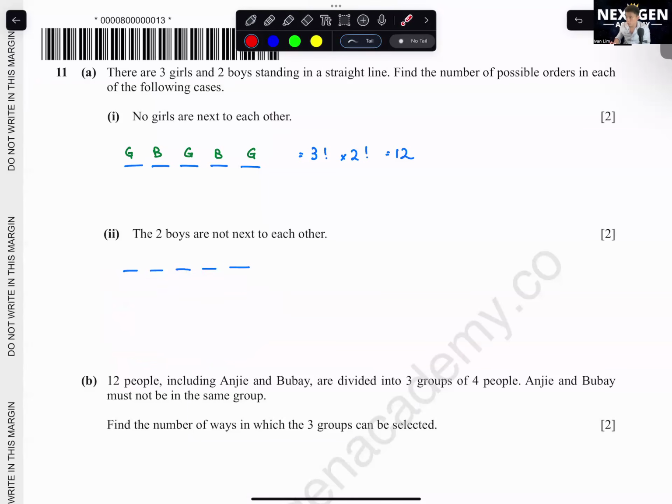So instead of doing that, we take the total minus the arrangements where boys are next to each other. Easier that way. So I want you all to calculate when boys are next to each other.